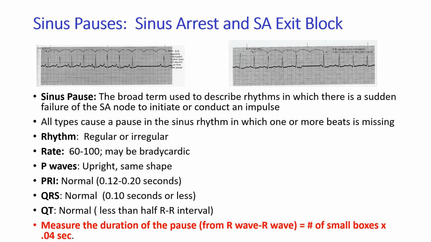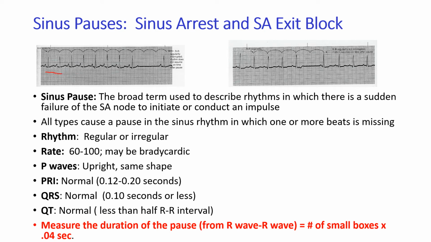If you have any pause, as you can see, we want to measure the duration of the pause from R to R, count the number of small boxes, and then multiply that by 0.04.